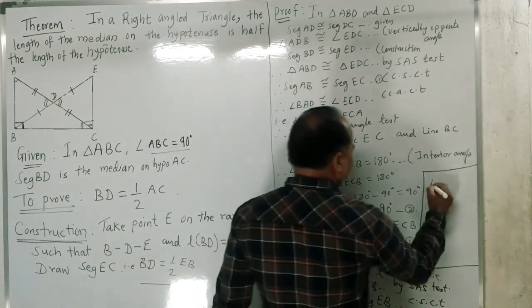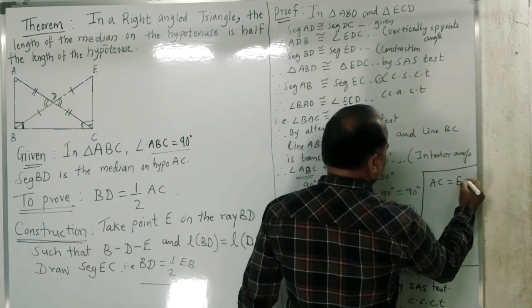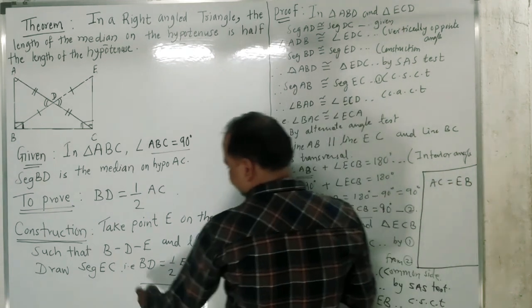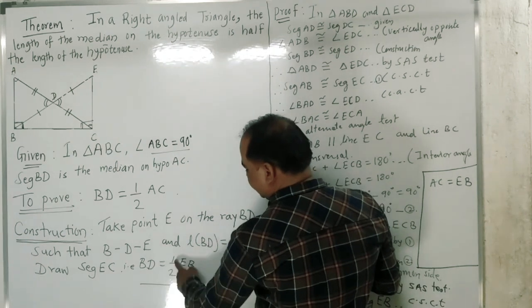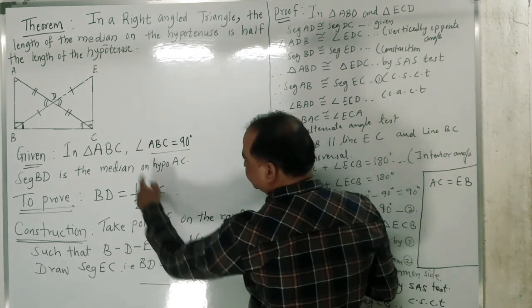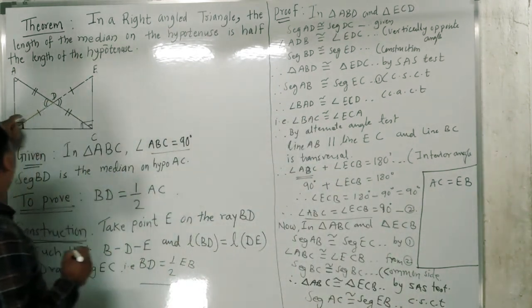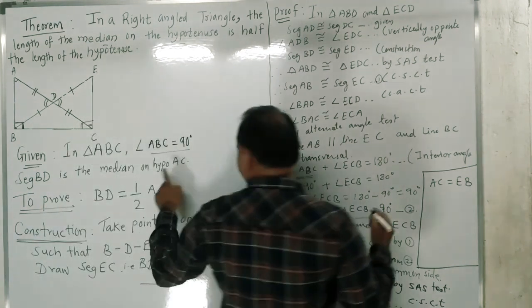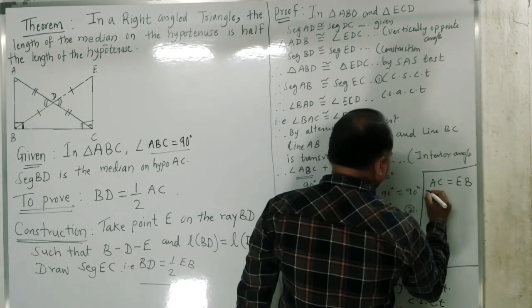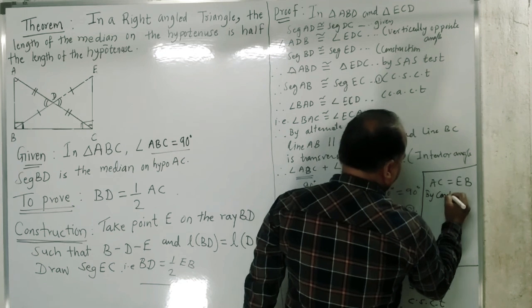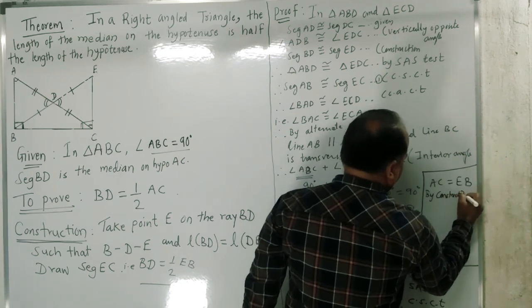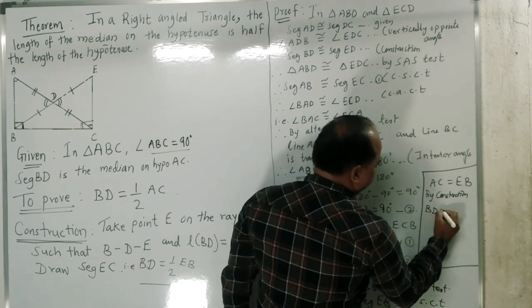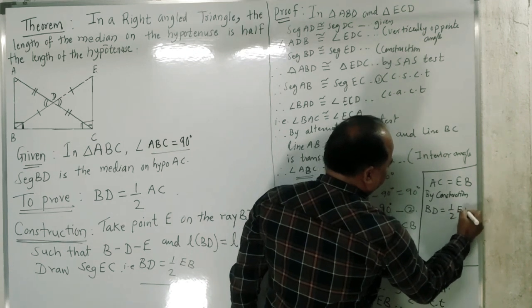Therefore, AC is equal to EB, but BD is half of EB by construction, since BD and DE were equal.